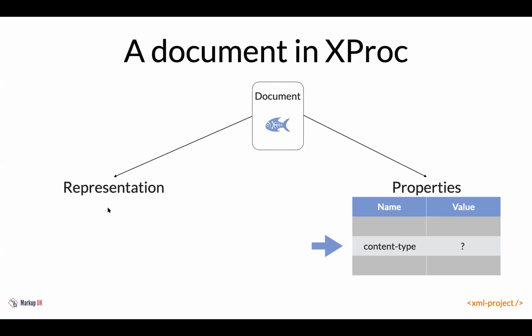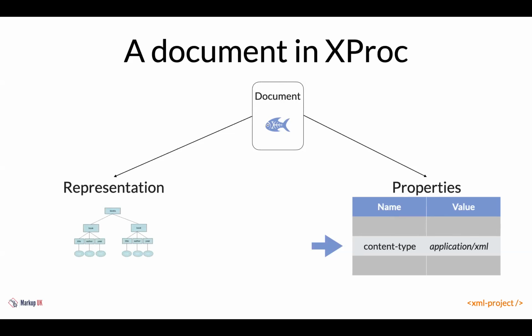This is important because every XProc document can be the context item of an XPath expression. And if you have the XPath dot expression, the content type determines what you get as context item for this.